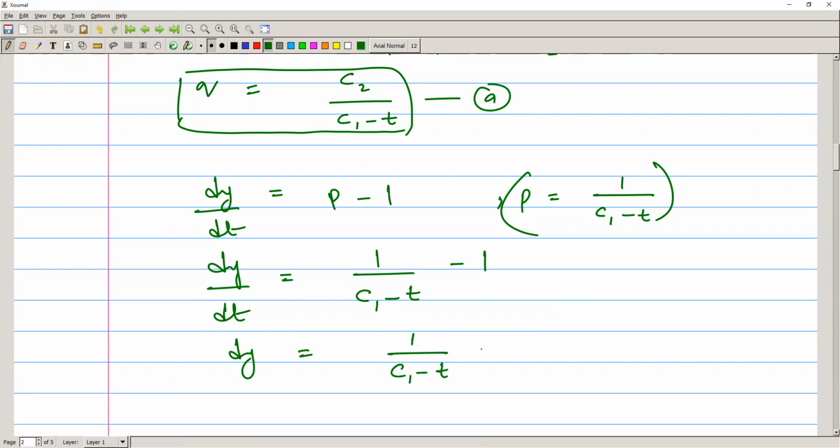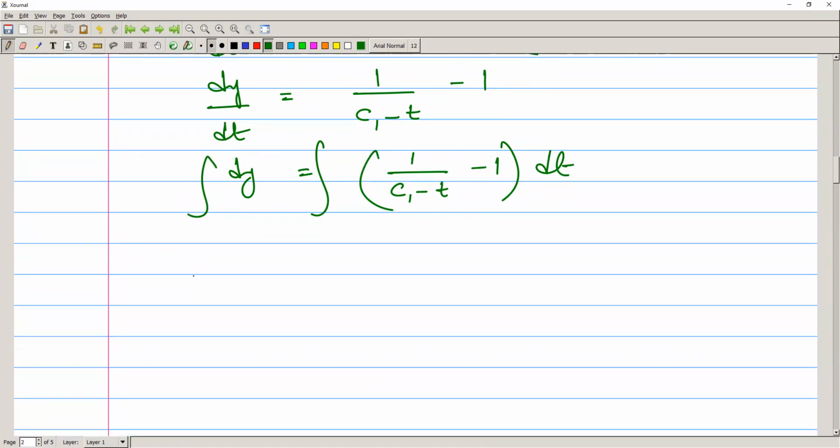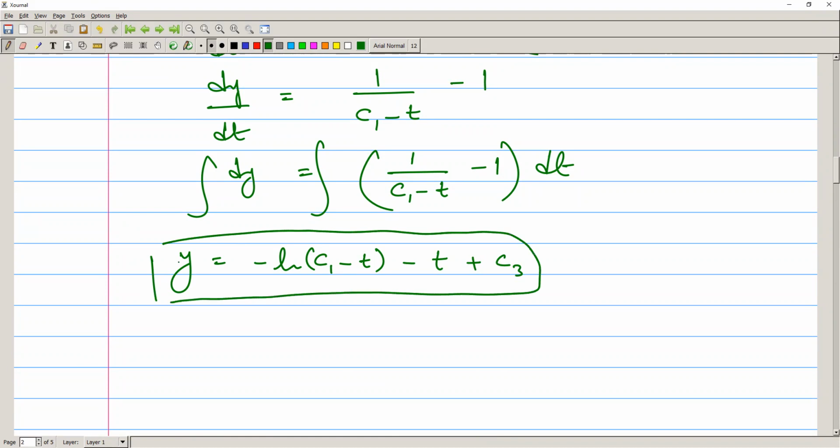Now we can integrate this function, and by integrating we get y is equal to negative ln of c1 minus t, minus t plus c3. We already used c1 and c2, so we use c3 in this equation.